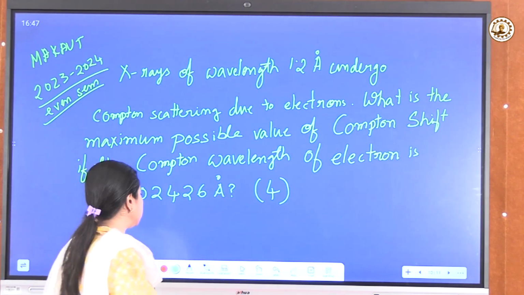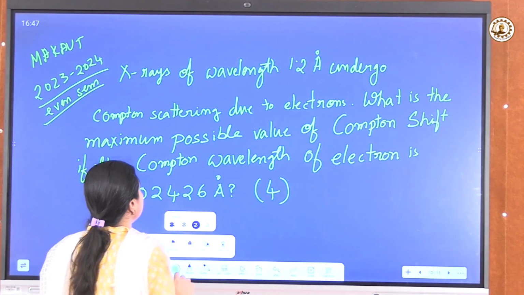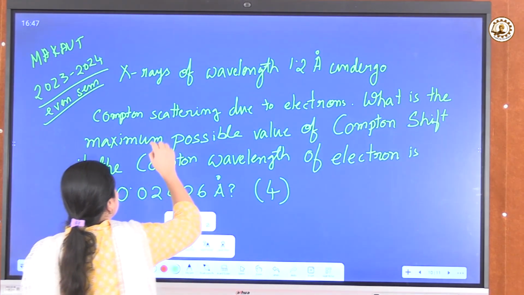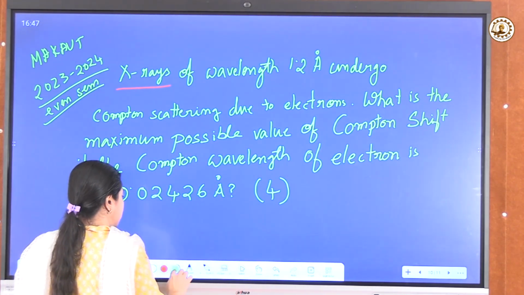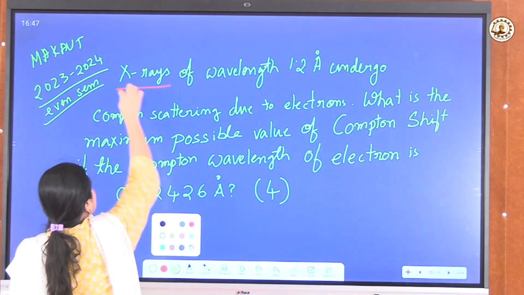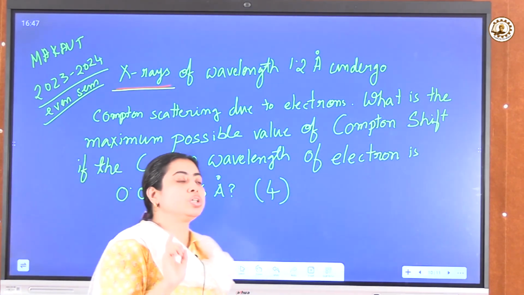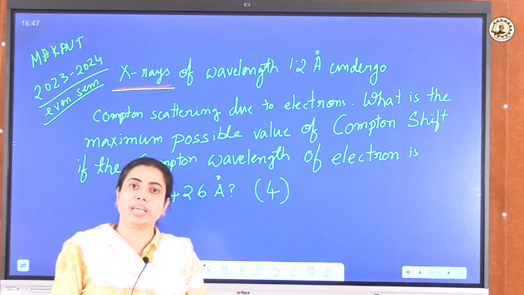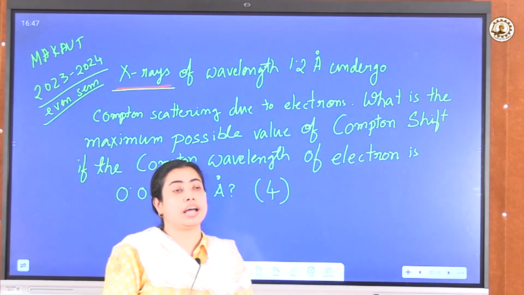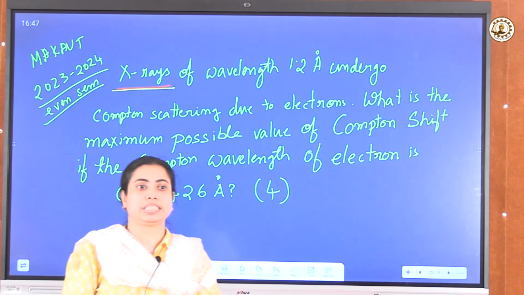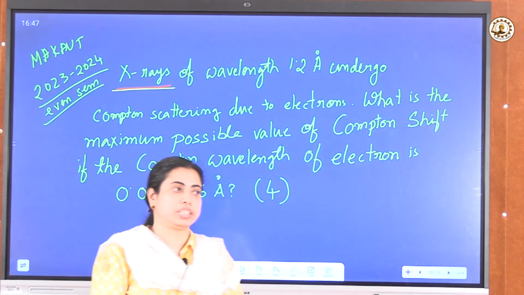I will take a red pen and underline for you. They have given X-rays. Whenever you see X-rays, always remember Compton shift is possible with X-ray photons. Other wavelengths cannot show Compton characteristics because their wavelength range is not suitable for it.